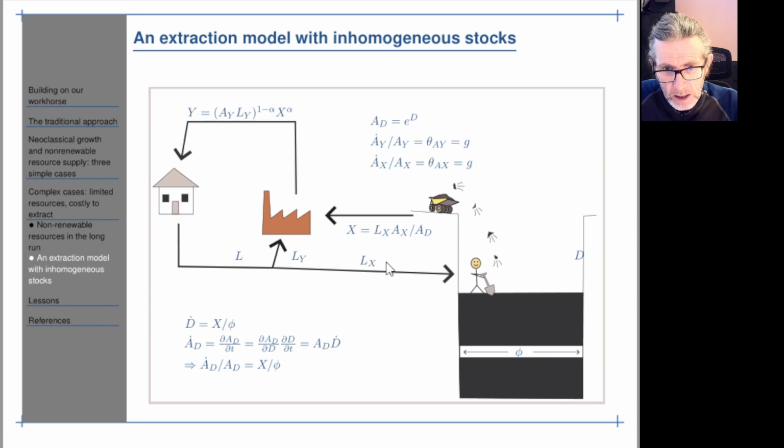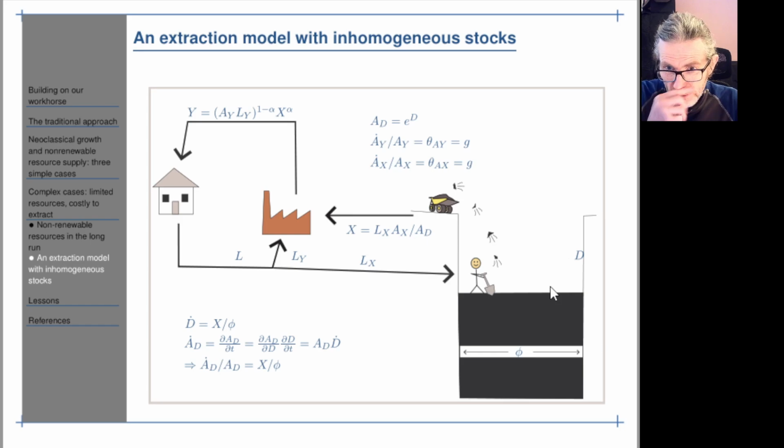Okie doke. And then what's the flow of extraction? It's LX times AX, so that's effective labor inputs, divided by AD, where AD is the difficulty of getting the resource onto the truck. And AD, we say, is e to the power of d, where d is the depth.